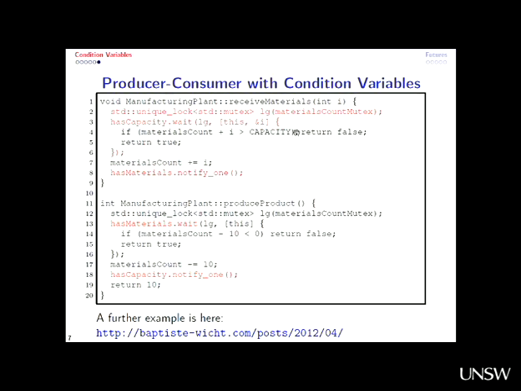But if that's not true, so if we have space, then return true. That's the condition we're trying to satisfy. Again, that's why these are condition variables: there's some sort of true-false thing we're trying to satisfy. We keep waiting until the materials count plus the thing we're trying to add has room.